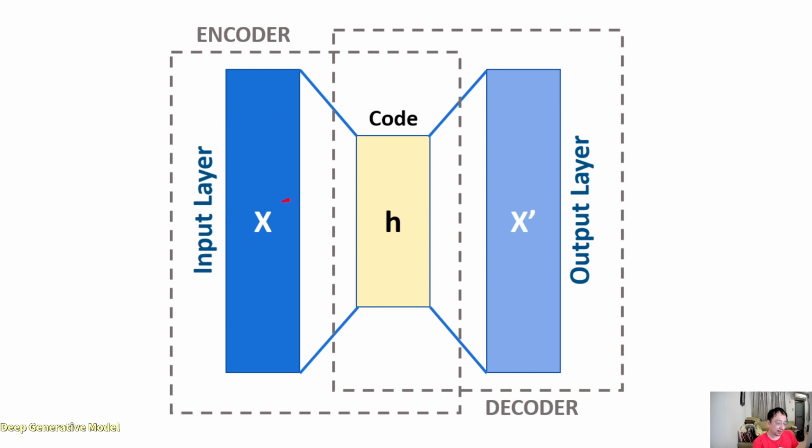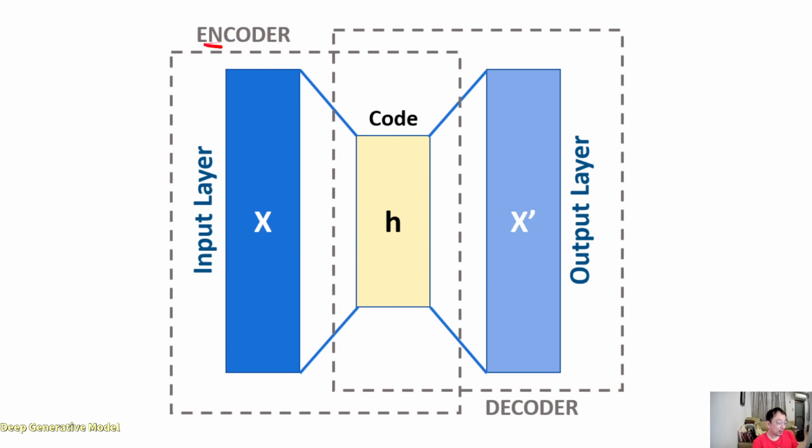In this case, we just call it a function. This function takes X as anFixed-length input, so the length is equal to the input dimension of this neural network, and the output of this neural network is a vector H, which we call the latent or code.